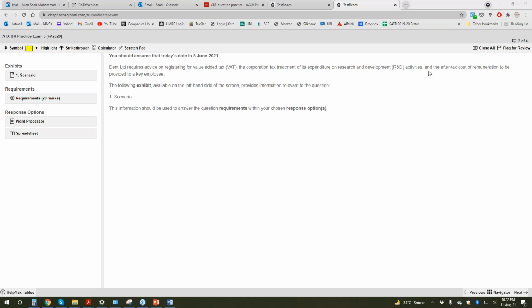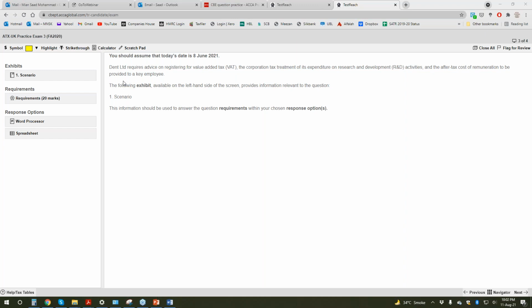So now let's read the requirement, but before that, let's read the introduction of the question. Dent Limited requires advice on registering for VAT, the corporation tax treatment of its expenditure on research and development activities, and the after-tax cost of the remuneration provided to the key employee. So these are the three matters. Obviously, the question will have three requirements covering these three matters.